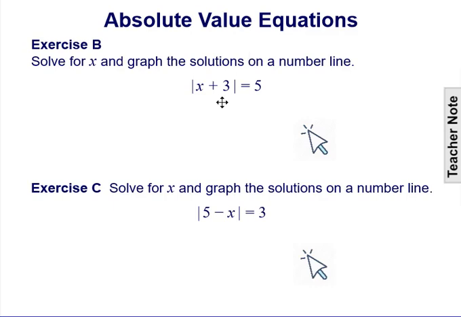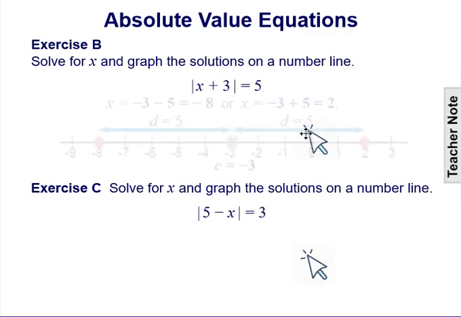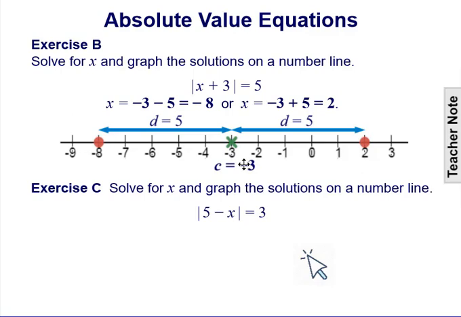We have here the absolute value of x plus 3 is equal to 5. So graphically, if we have our center, now it says plus 3, but we know that x plus 3 is really x minus negative 3, since our format had a subtraction sign. So our center is negative 3, and we're moving a distance of 5.